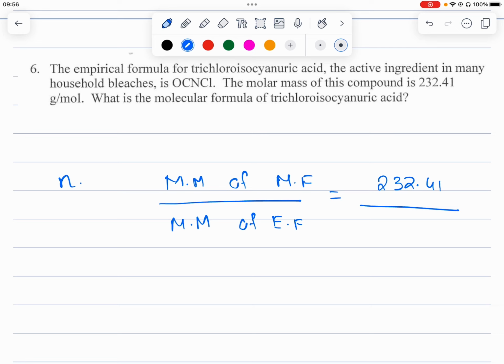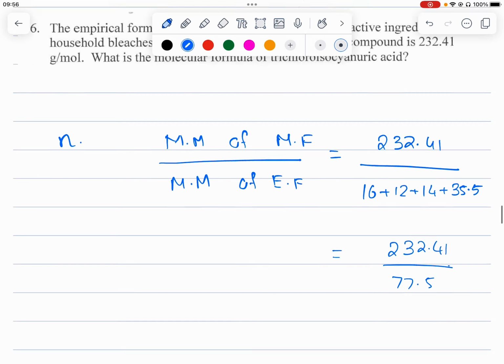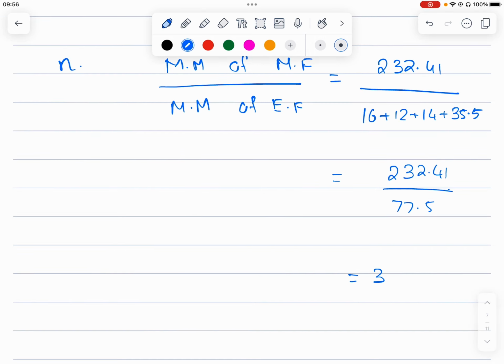Oxygen is 16, carbon is 12, nitrogen is 14, and chlorine is 35.5. So when I divide 232.41 by 77.5, it becomes 3. So what will be the formula? O3, C3, N3, Cl3.